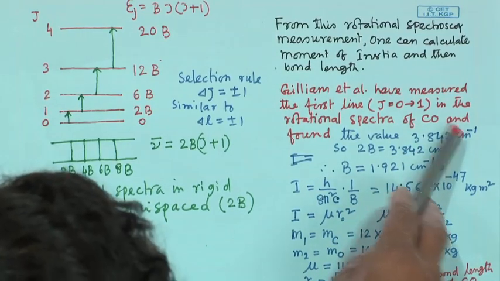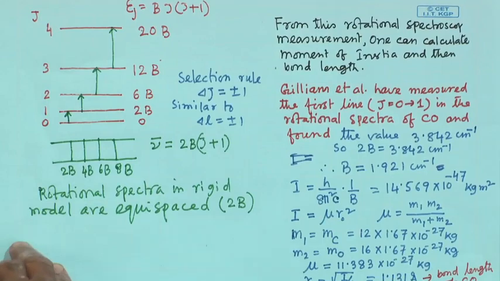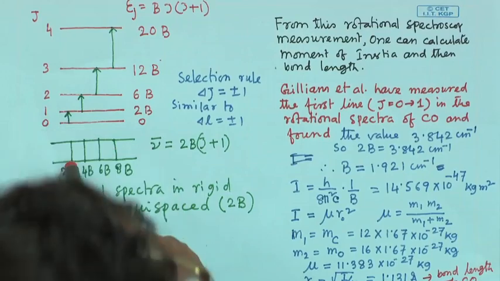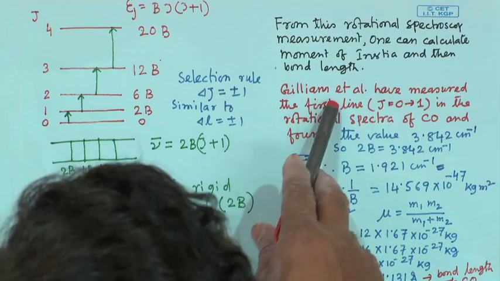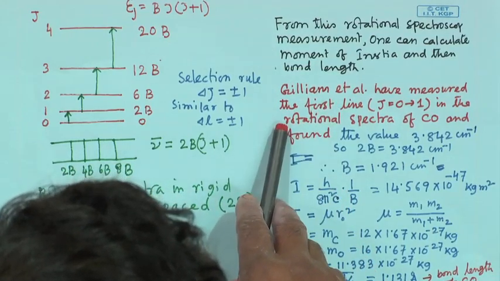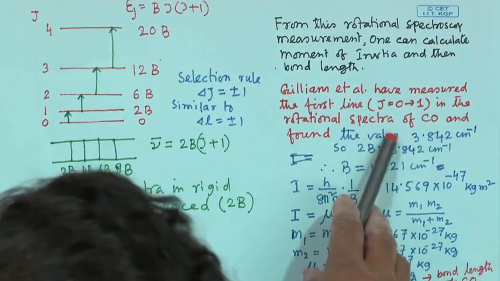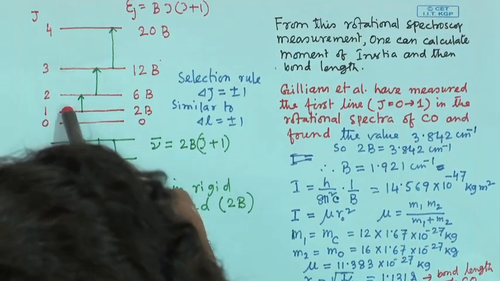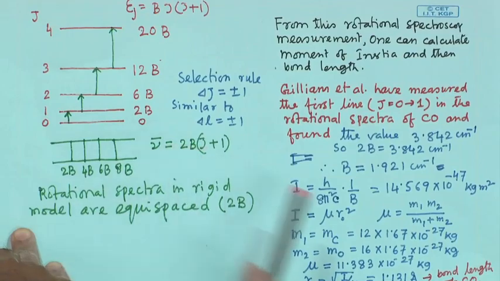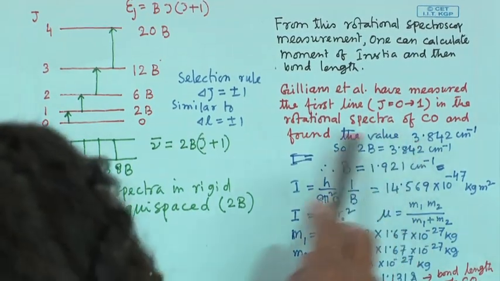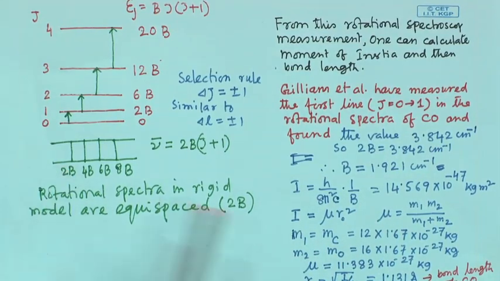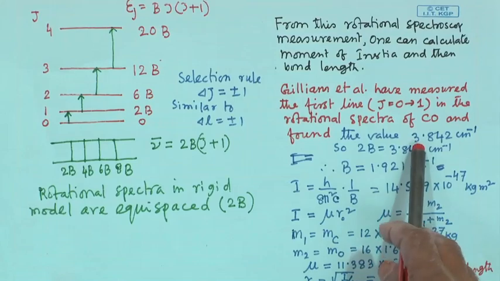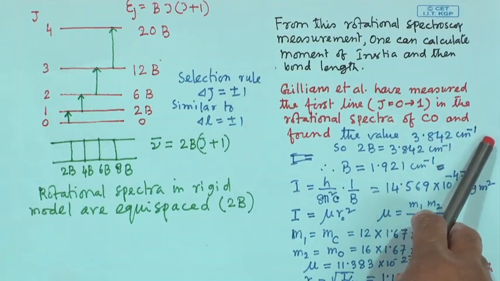Spectroscopically, I can measure the wave number, wavelength or energy of these spectral lines. So, he measured the first line, meaning the transition from 0 to 1 in the rotational spectra of cobalt monoxide, and he found the value of this spectral line is 3.842 centimeter inverse.